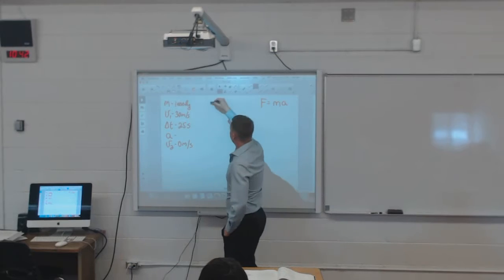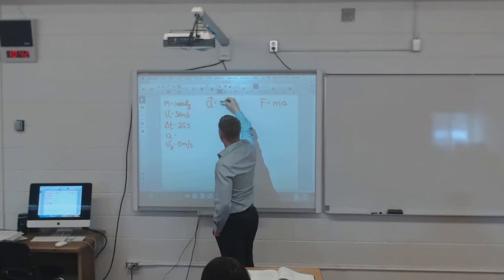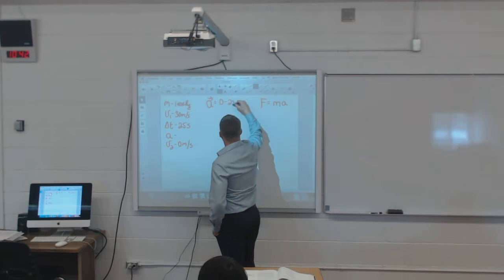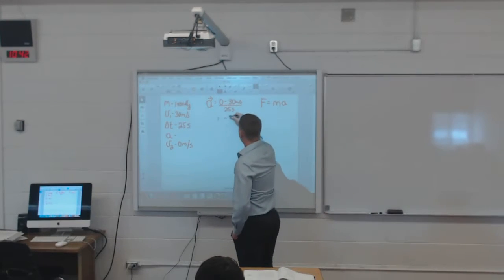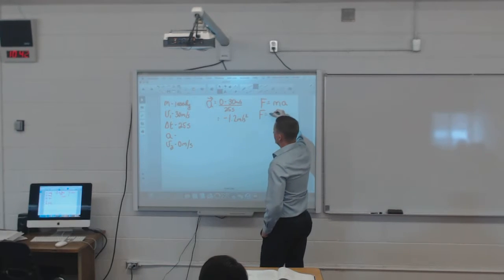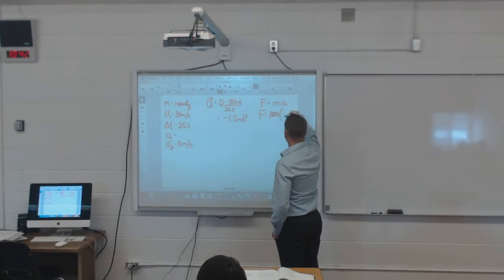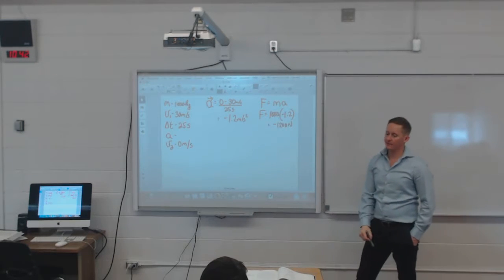So acceleration, 0 minus 30 meters per second, and that is over 25 seconds. What's my acceleration? Negative 1.2 meters per second squared. Force equals 1,000 times negative 1.2, negative 1,200 newtons. Okay?